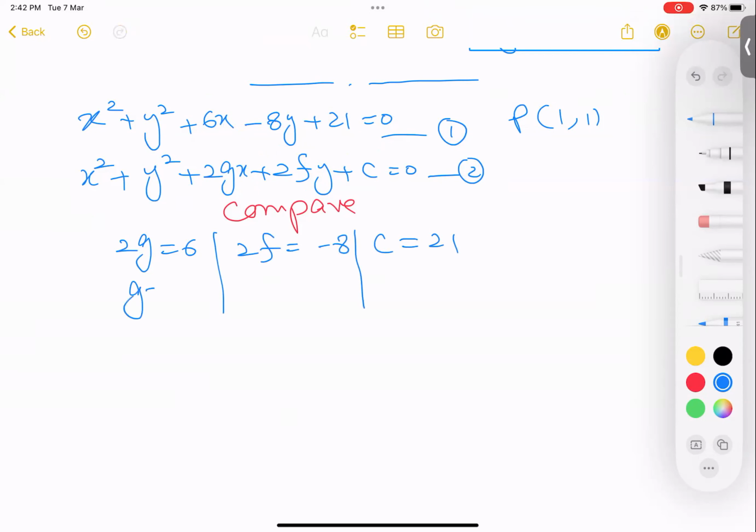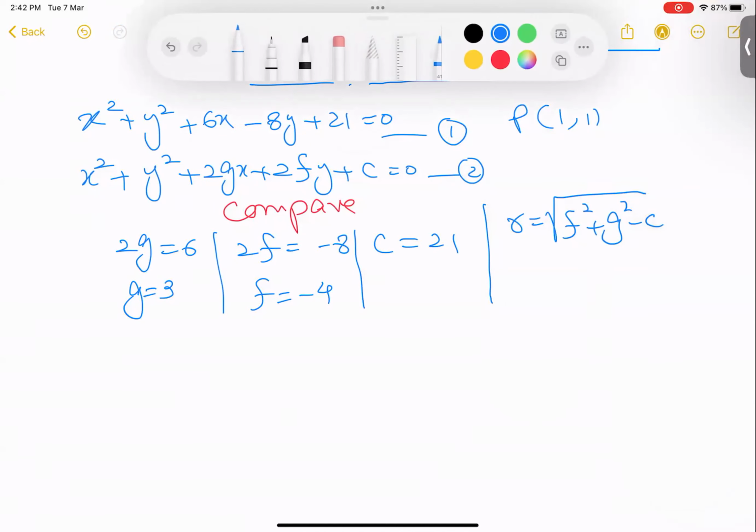So g becomes 3 and f becomes negative 4, and c is 21, very clearly mentioned. But I need the radius as well, and all of you know how to find it. The radius formula is very clear: square root of f square plus g square minus c.